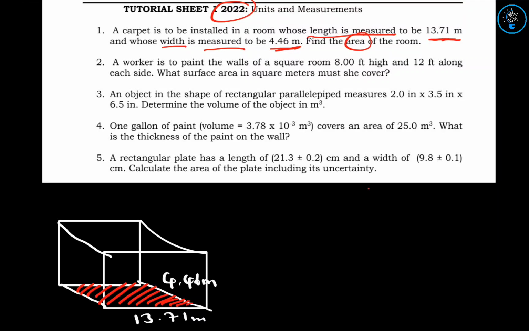So let's consider that. To find the area, we know that area requires only 2 sides. It's length times breadth or width in this case.